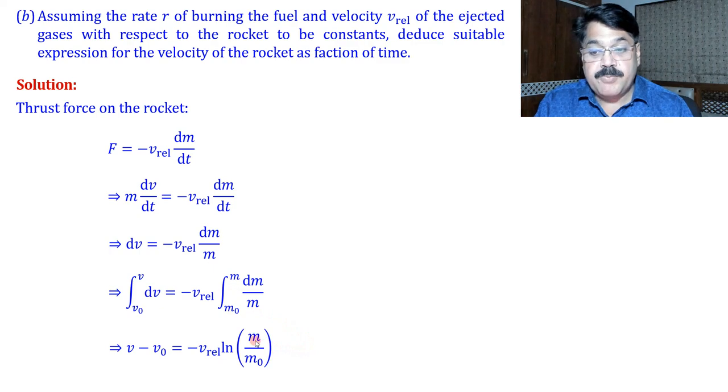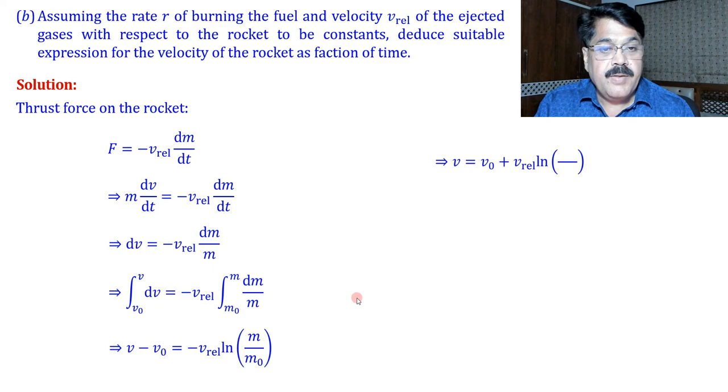Now we know m is smaller than m naught, so this will be negative. So we just reciprocate, so we get m naught by m, and it will be positive: V relative ln m naught by m. So v is equal to v naught plus V relative ln m naught by m. Now we can write m, since R, the rate of burning of fuel or rate of decrease of mass of the rocket, is constant.